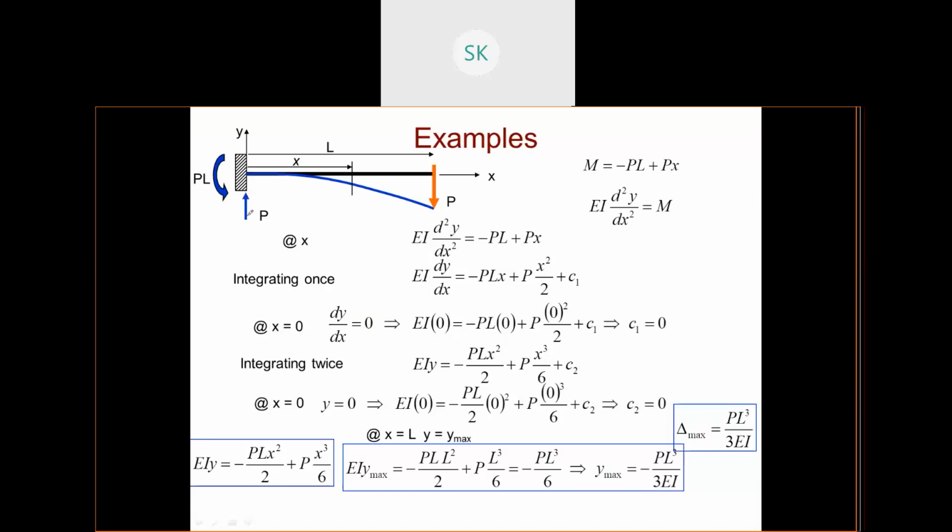At x equals to 0, the dy by dx term will definitely become 0. There is no x. X equals to 0 means there is no position of L, right? Understood?